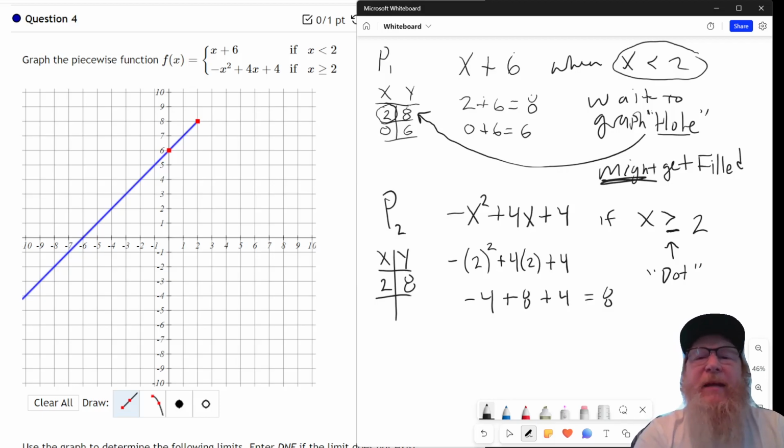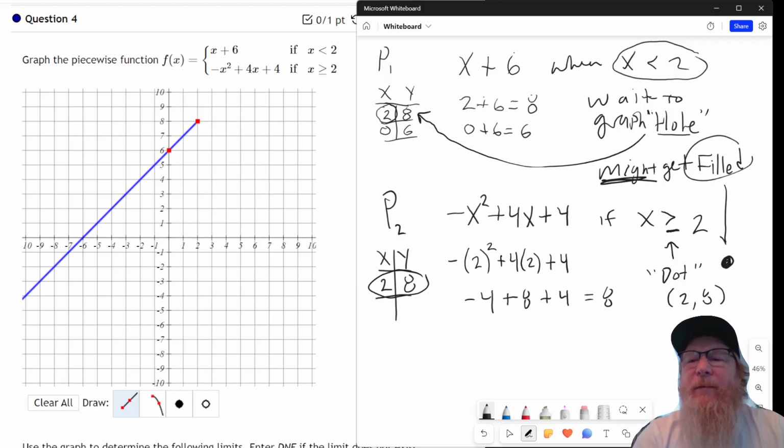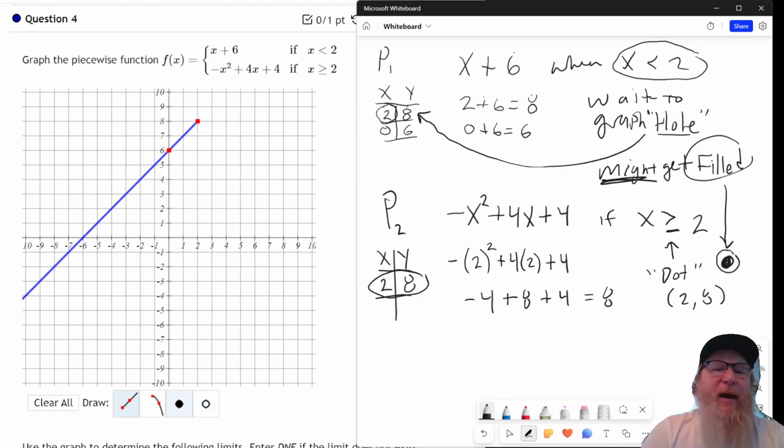And so because the hole is 2, 8, and the dot is also 2, 8, I'm only going to plot the dot. So you will never see the actual hole. It'll get covered up with the dot.